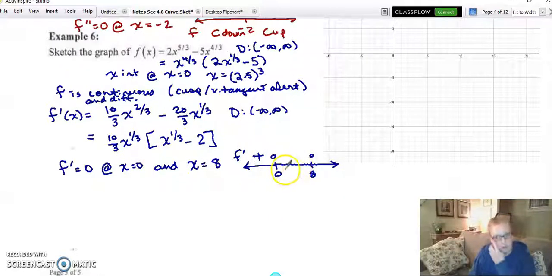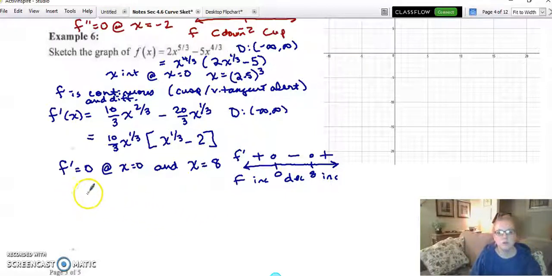If I pick something in between, easiest would probably be 1: that would be positive, and 1 minus 2 would be negative, so we would have a negative. Picking something larger gives me a positive and a positive. So we know that f is increasing, then decreasing, then increasing.